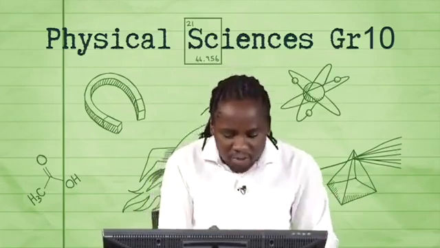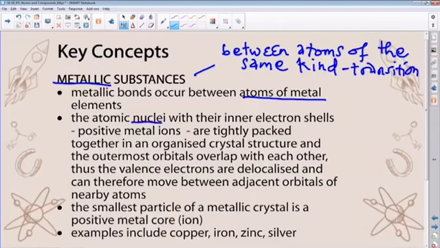Now, the atomic nucleus is always positive due to the protons in the nucleus of the atom. The electrons in the underlying shells surround the positive metal ion, and these are tightly packed together and organized as a crystal structure, and the outermost orbitals overlap each other.